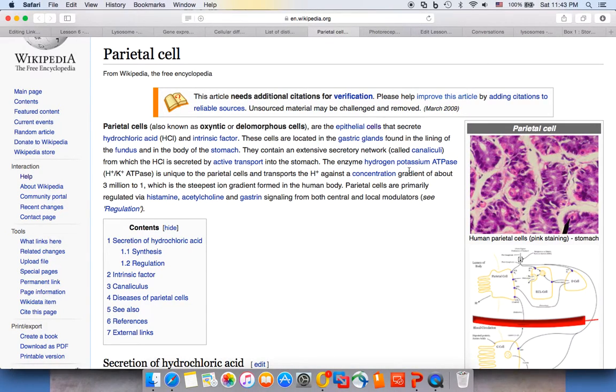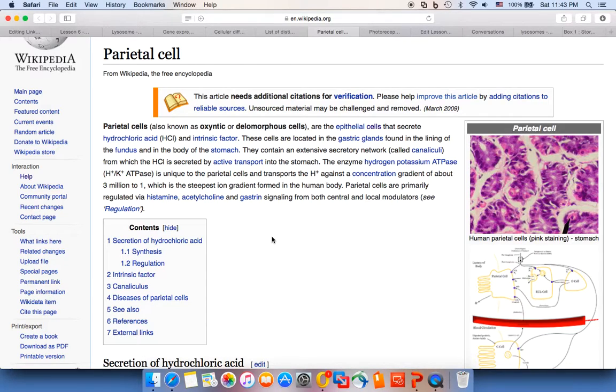This enzyme is interesting because it's able to concentrate hydrogen ions at a very high concentration ratio of 3 to 1.